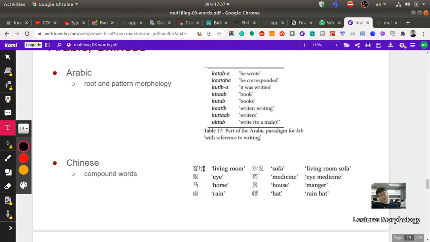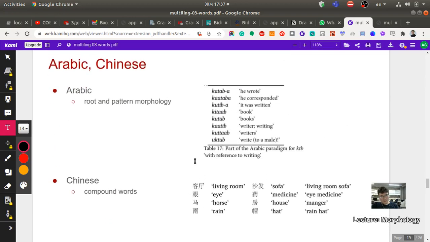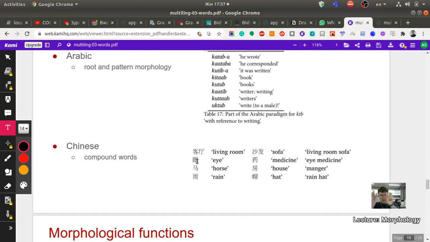Okay, so it's written text. You have this hieroglyph, and then you take these hieroglyphs and it becomes living room sofa, eye medicine, etc. So you combine two hieroglyphs and they make a new word.